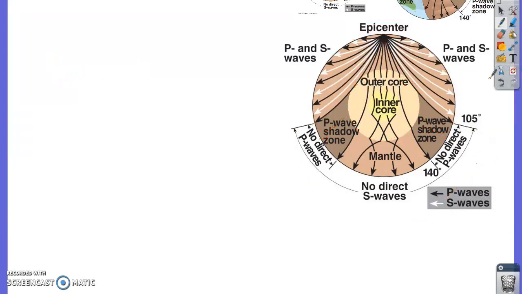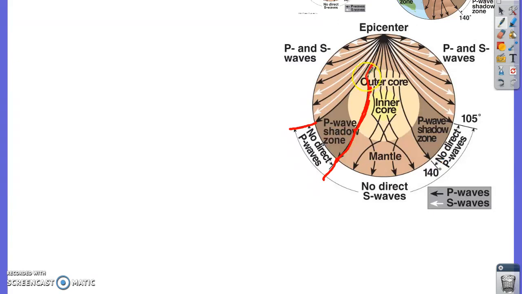The P waves act as though they were bending and then bending again. With this little double bend, they curve this way and then curve back this way, and they were hitting down here instead. So there was a shadow zone of the P waves between about 140 degrees from the epicenter all the way around the Earth, where there are no P waves either.